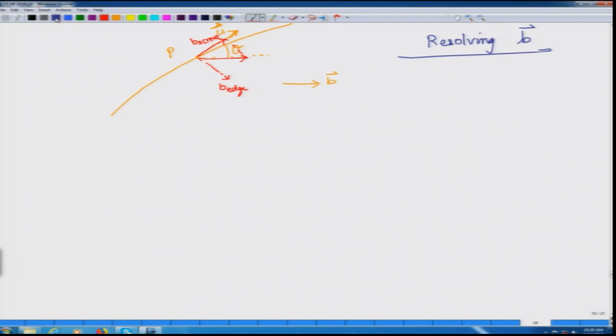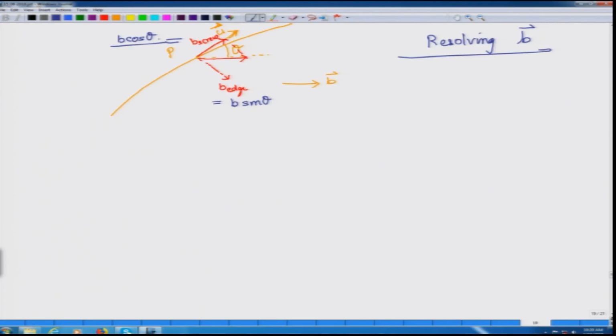And it is not very difficult to see that if theta is given like this, b edge is equal to b sin theta, and b screw is equal to b cos theta.